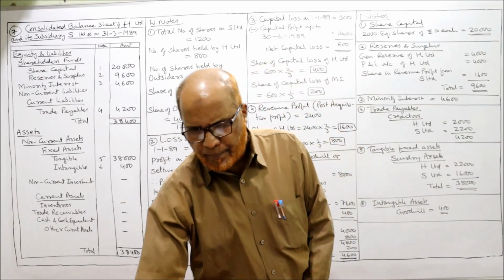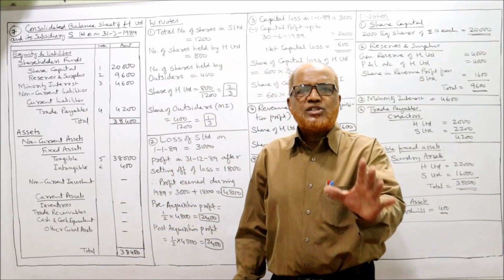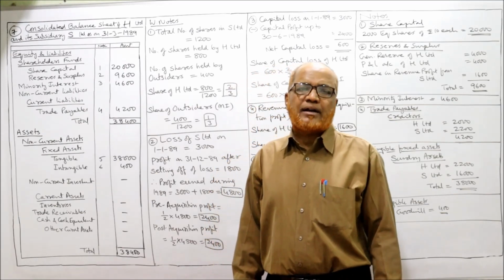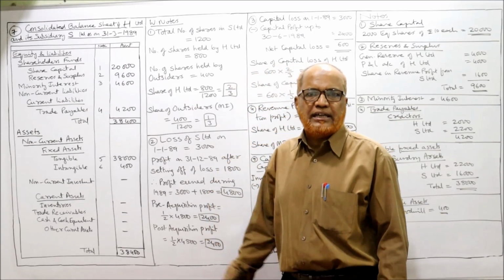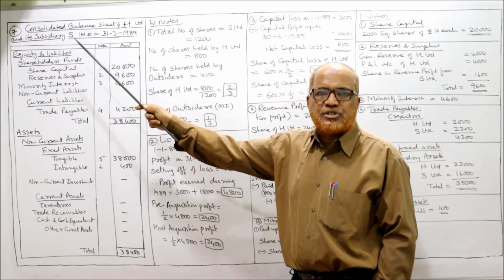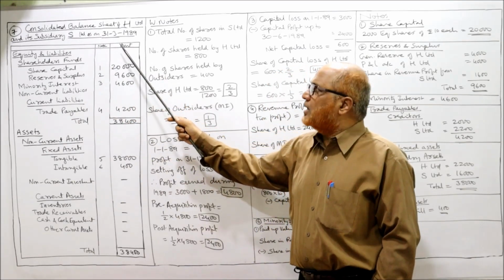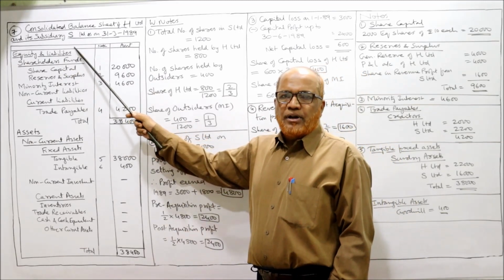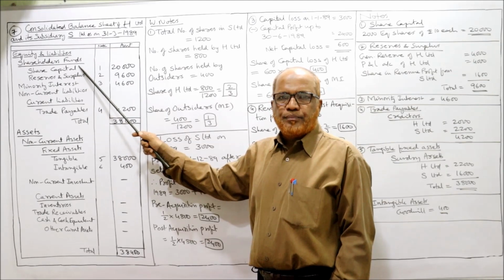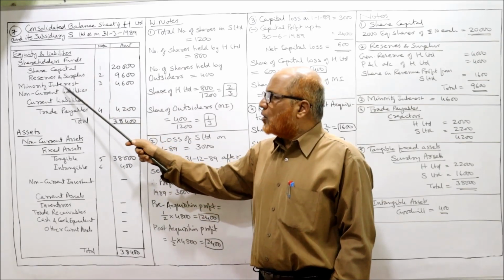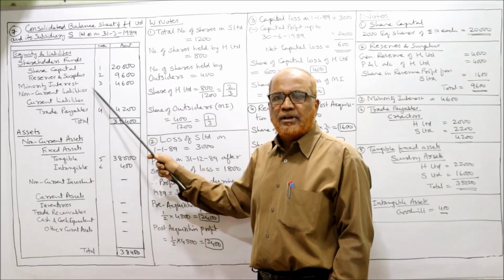Remaining everything same. See here, first of all, you have to prepare a blank balance sheet according to the format of Companies Act 2013. The consolidated balance sheet of H Limited and its subsidiary S Limited as on 31st December 1989. Equity and liabilities, shareholders fund, share capital, then reserves and surplus, note number 1, note number 2, minority interest, non-current liabilities.